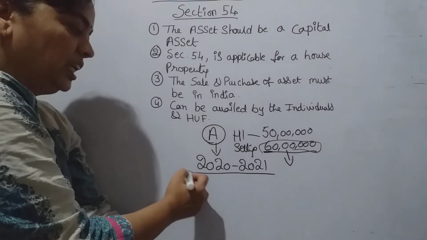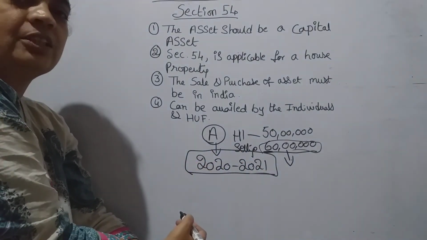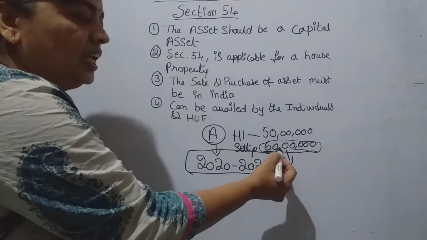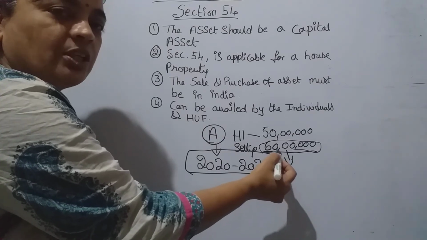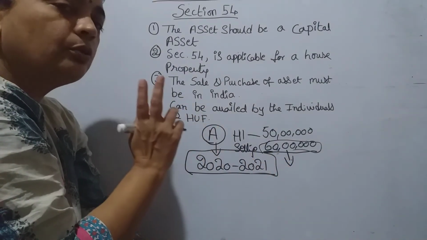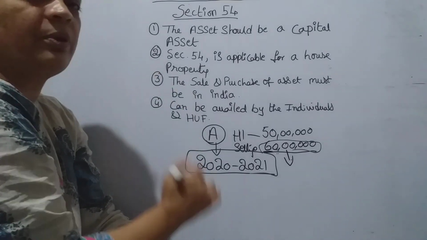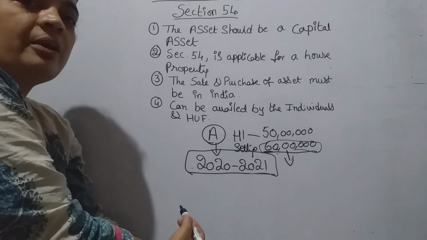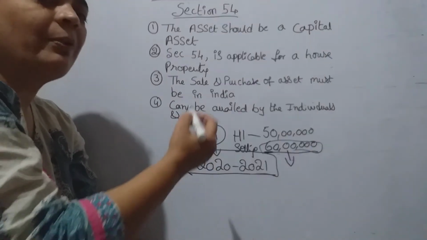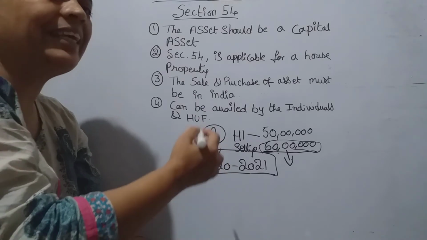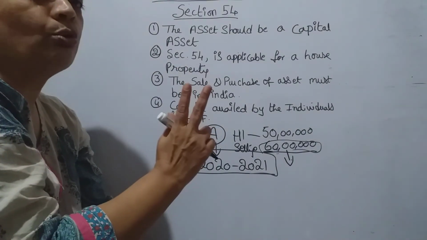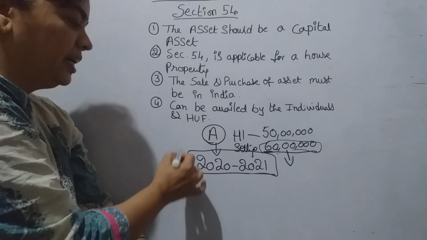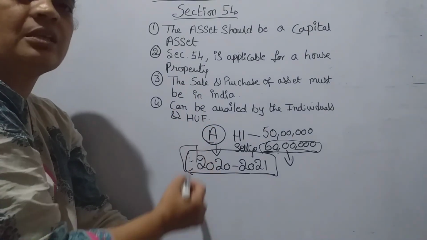But from this year, the IT Act says you can purchase 2 properties with this sale consideration. Not one, but it is extended to 2 properties from this year, and the cost of those 2 properties should not exceed 2 crores. That is the amendment from this year.